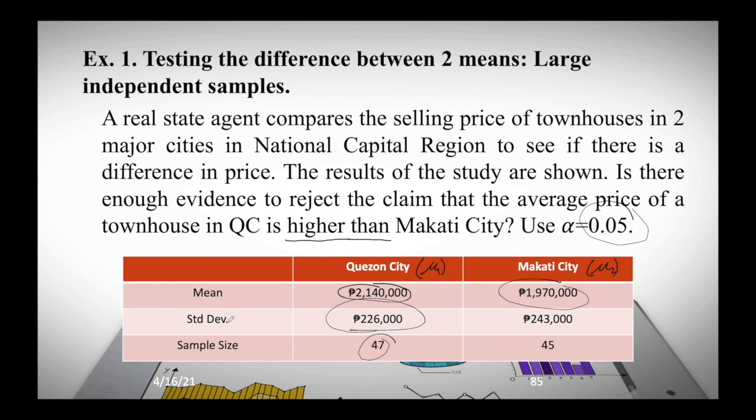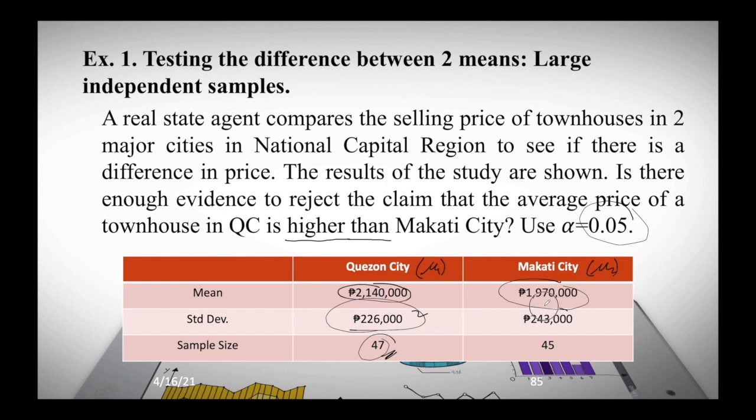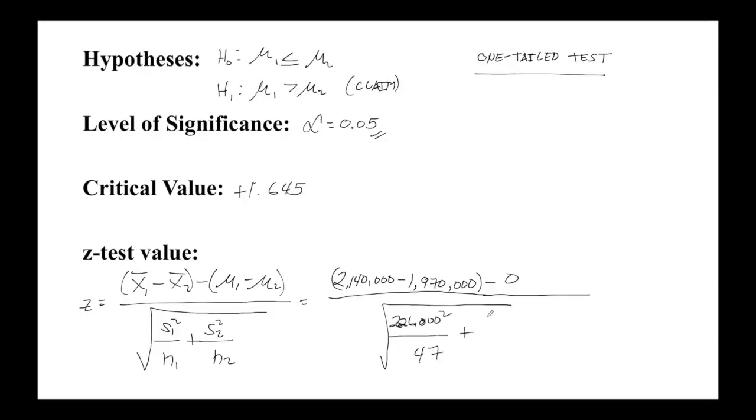The formula uses variance, so we need to square it: 226,000 squared over 47, plus s sub 2 squared, the standard deviation of our second population, 243,000 squared, over our second sample size.